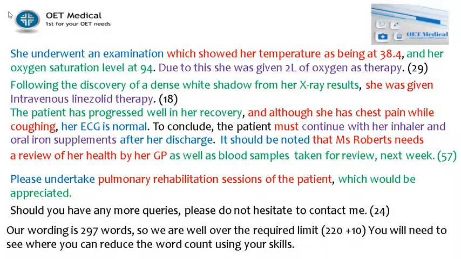Okay, here we've got a longer word limit of 297. Now, the reason it's 297 is because I wanted to put as much in there to show you how I've taken sentences or sections in different colours from different sentences and how you can join them together. So this will really help you with your grammar.